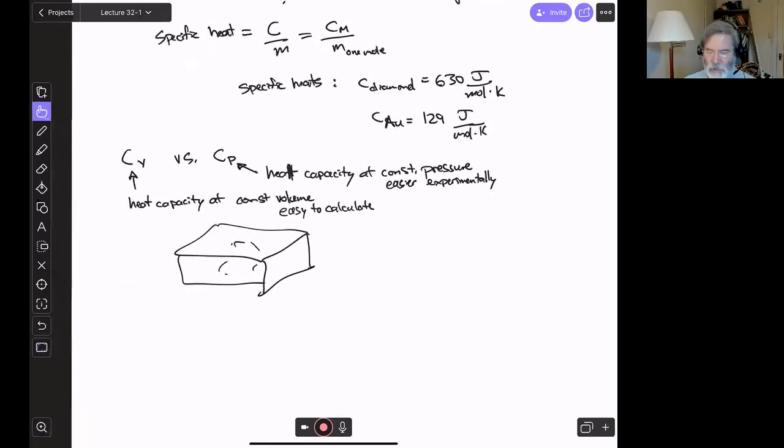Just as a kind of interesting aside, I always used to think, and just until like a couple of years ago, that, because I think in this class we're not going to have time to talk about thermal expansion, but you guys know that when you heat things up, most things expand.